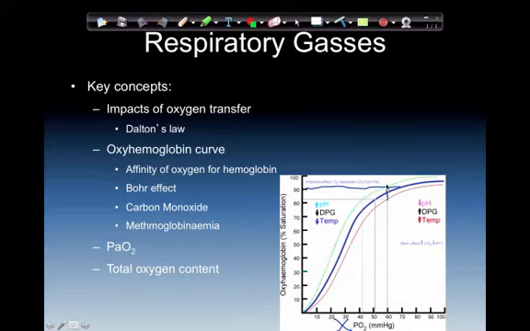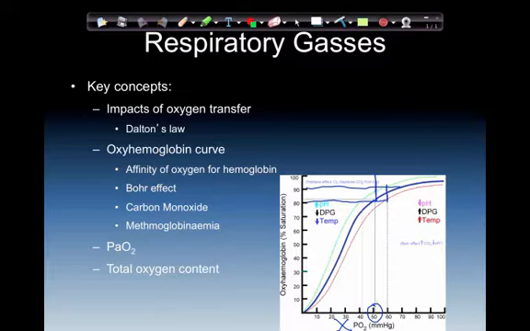We've already identified that anything under 60 is hypoxic. So if you get a sat below 90, let's say in the 80s, 80 is about right here, does it make sense that they are definitely hypoxic? Because they only have 50 PO2 at the cellular level.